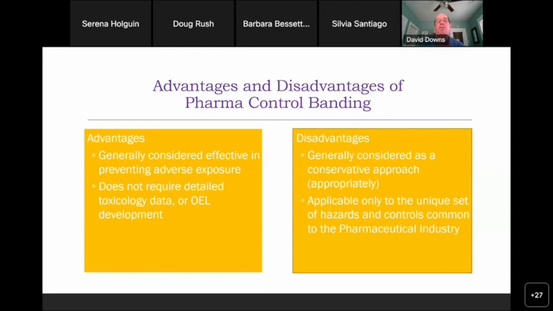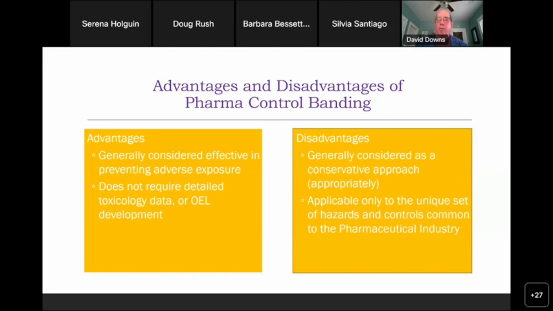The other thing that I think it's very important for us to understand is that because the pharmaceutical industry uses very specialized equipment to contain, to transfer, to process these materials, the controls are applicable really only to the unique set of hazards and controls common in the pharmaceutical industry. And so we'll talk about an approach to try to address that in one of the other examples that we've got here.